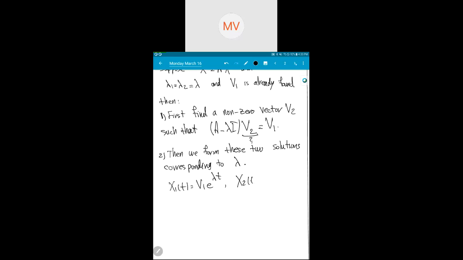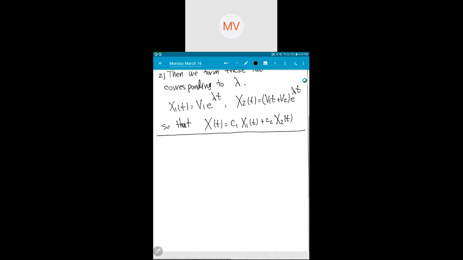And x2 of t is v1 t plus v2, times e to the lambda t. So that the general solution is c1 x1 of t plus c2 x2 of t. Okay? All right, now let's continue the example we were just talking about, right?